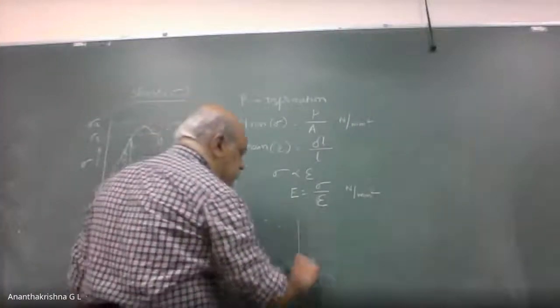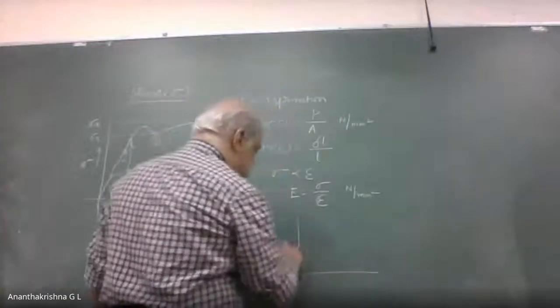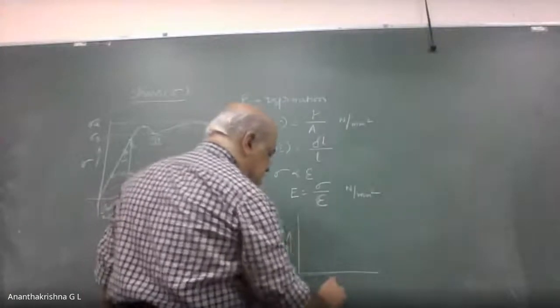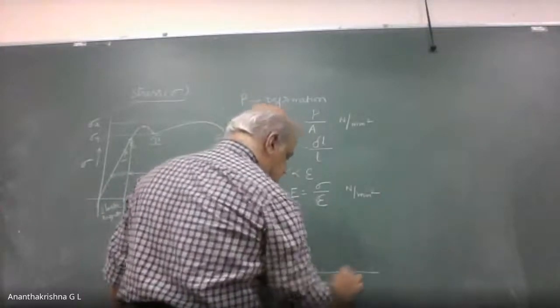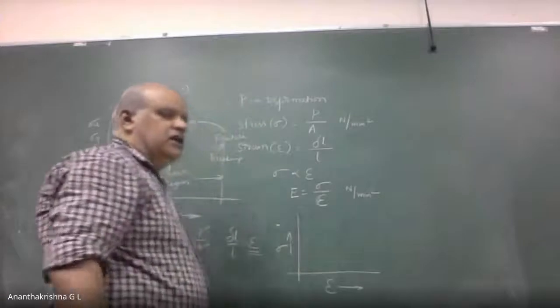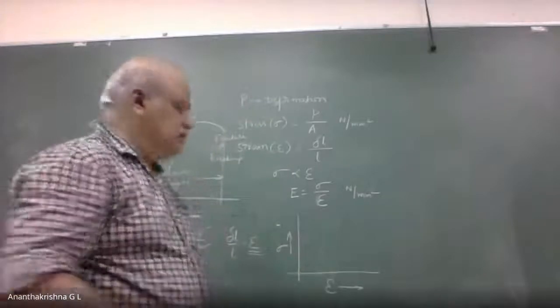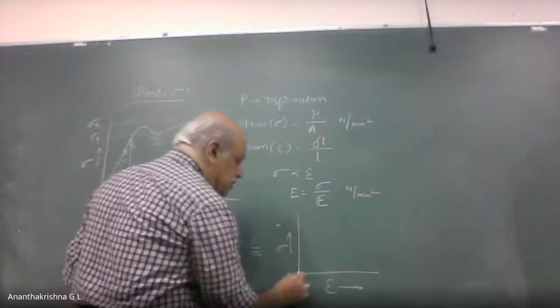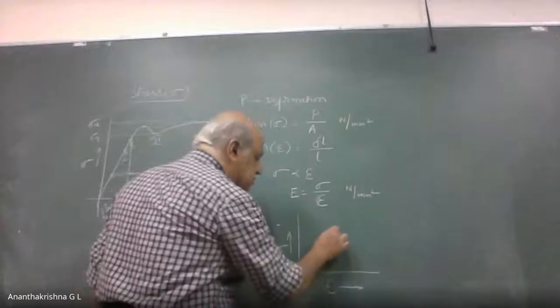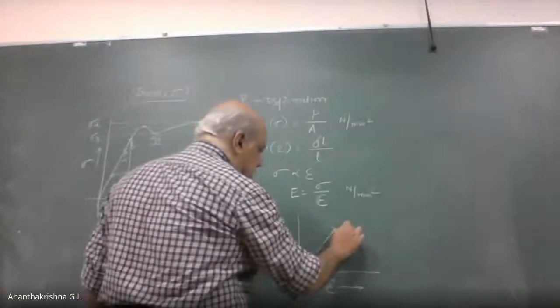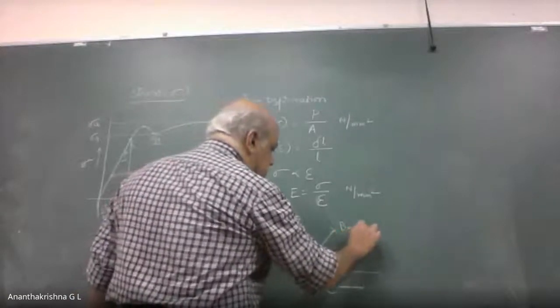Now, what is it for a brittle material? Stress along the y-axis, strain along the x-axis. For a brittle material like glass or cast iron, there is no yielding taking place. The material will break, so it has only the breaking or fracture strength.